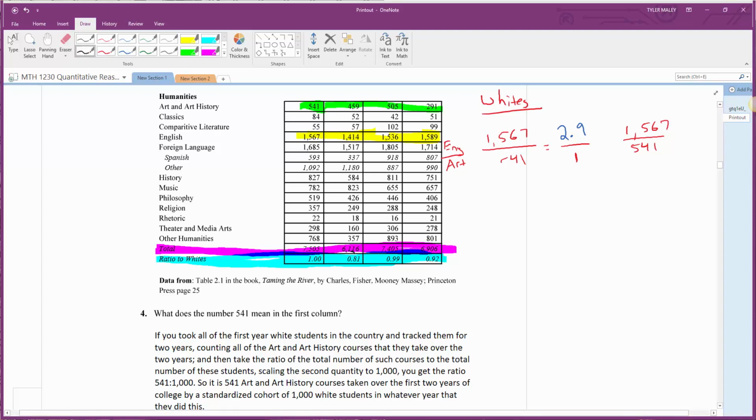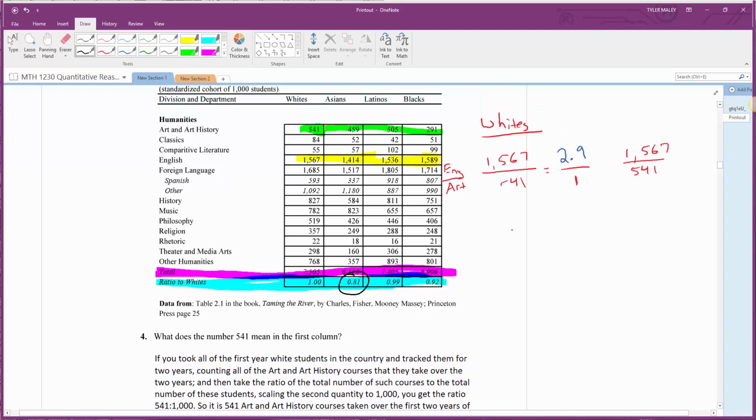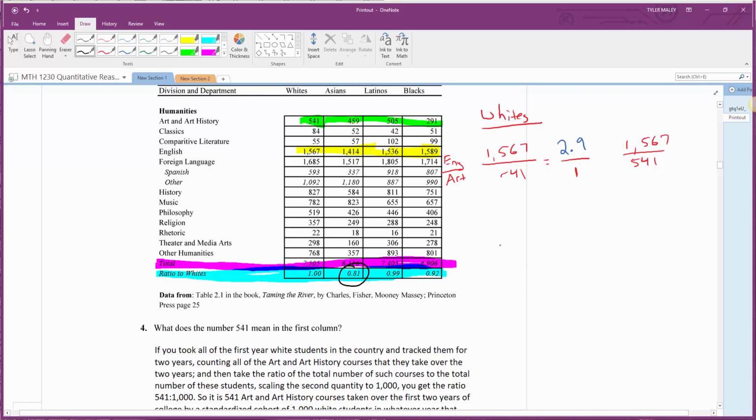Let's look at how this value was calculated real quick. It says ratio to whites. So if we take the next column, which is the Asians, their total number of classes was 6,116. If we compare this to the whites, 7,505, then if I compare the second quantity, which is whites, and scale this to 1, this is the ratio that I have set up.